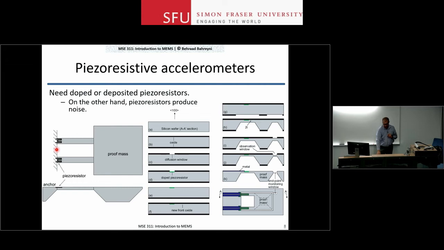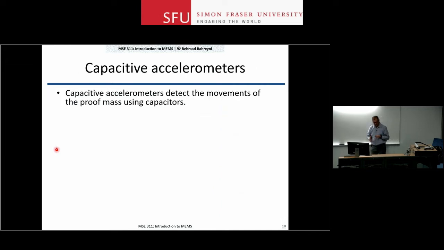As I said, these devices are not that common anymore. Instead, almost all devices, at least around you, are capacitive type accelerometers. They measure delta X by measuring the changing capacitance between some fixed electrode and some electrode that is attached to the proof mass that is moving up and down.